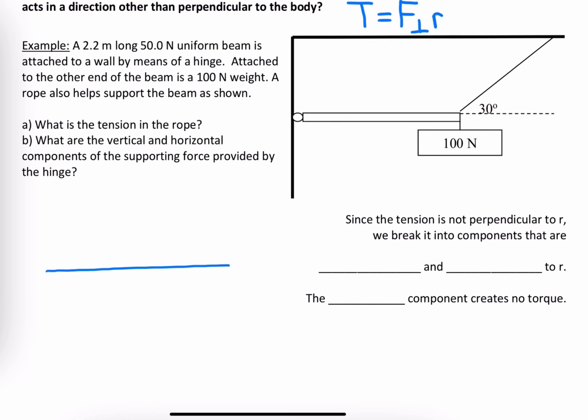I have the weight of the beam itself acting in the middle, 50 newtons. I've got the weight hanging on the end of the beam. That's 100 newtons. I've got this rope acting up at an angle.